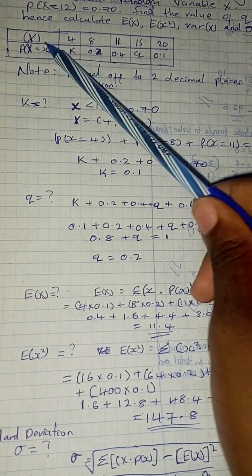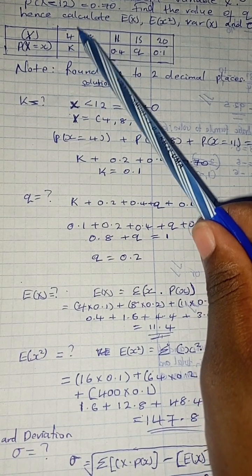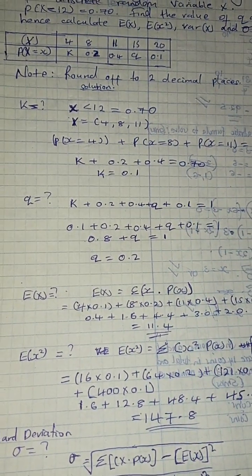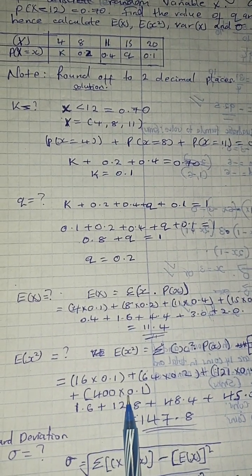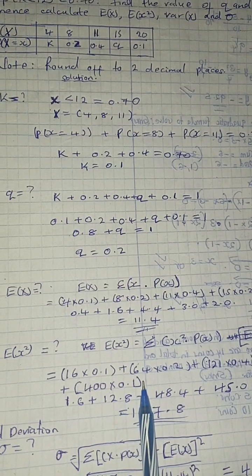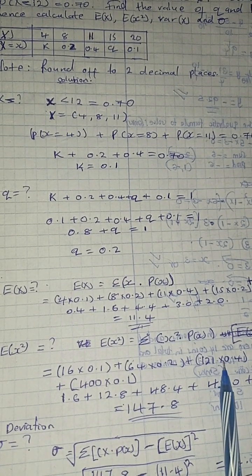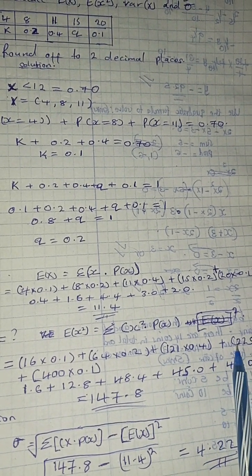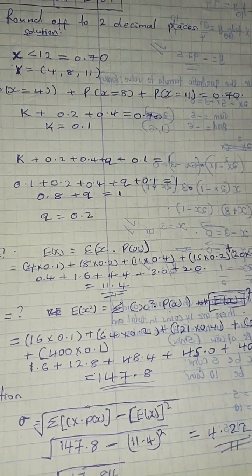We square all of them, then multiply, like 4 squared times k. Now 4 squared is 16. 16 times 0.1. 8 squared is 64 times 0.2. 11 squared is 121 times 0.4. 15 squared is 225 times 0.2.